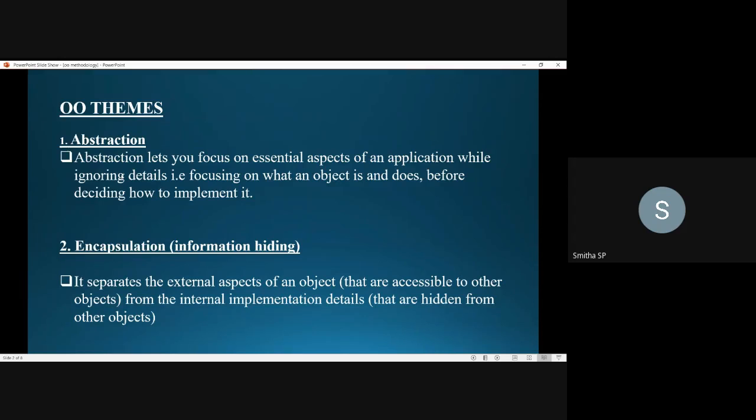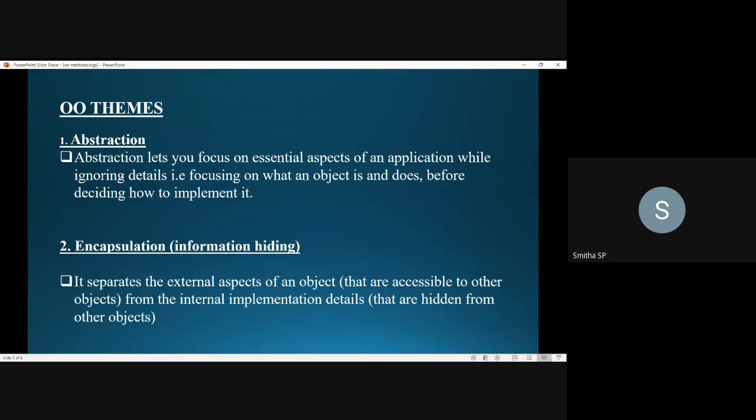It stresses only the important features. It does not focus on the details of the application. It focuses only on what an object is and what it does rather than how to implement it.